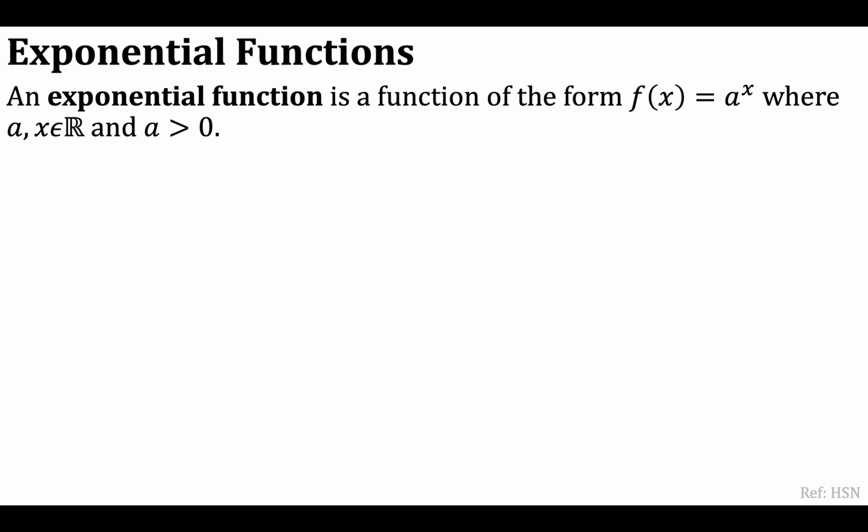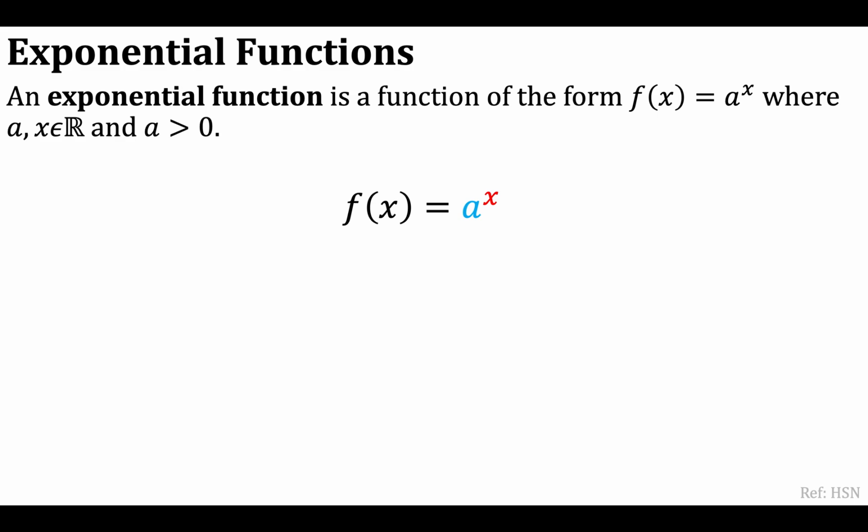So an exponential function is a function of the form f of x equals a to the x, where a and x are real numbers and a is greater than 0. So if we just examine this function firstly, as I said, we've got f of x equals a to the power x.